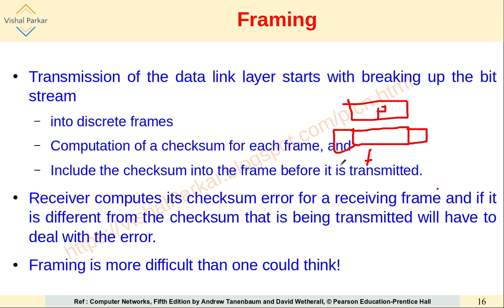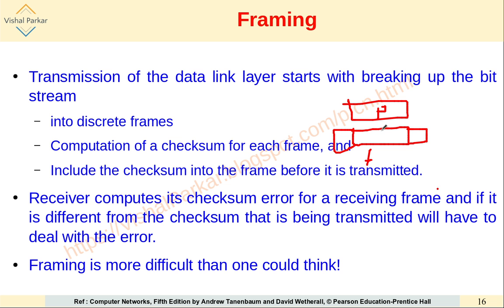So when the receiver calculates the checksum, it compares it with the checksum received in the header, which was sent by the sender, obviously. And if there is some difference, it comes to know that there is some error. So errors can be detected in this way. Now the receiver has to deal with the error. The receiver can only detect that there has been some error.